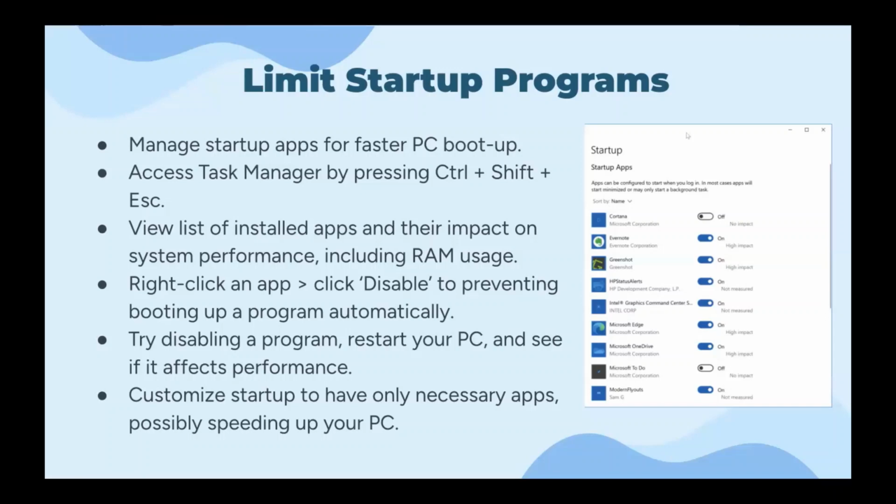There, you can view a list of installed apps and their impact on system performance, including RAM usage. You can right-click on the app and disable it to prevent a program from booting up automatically.